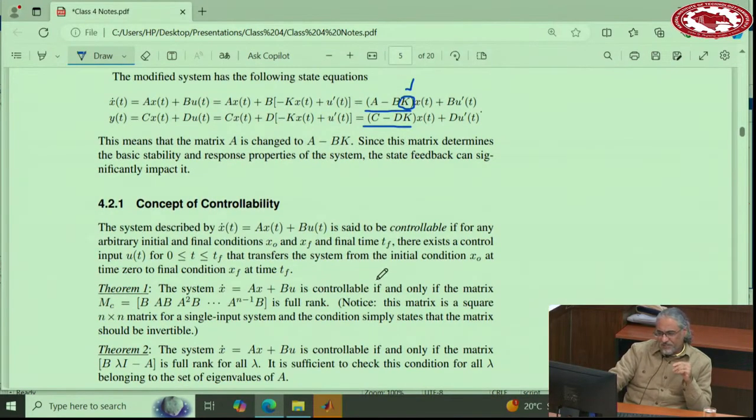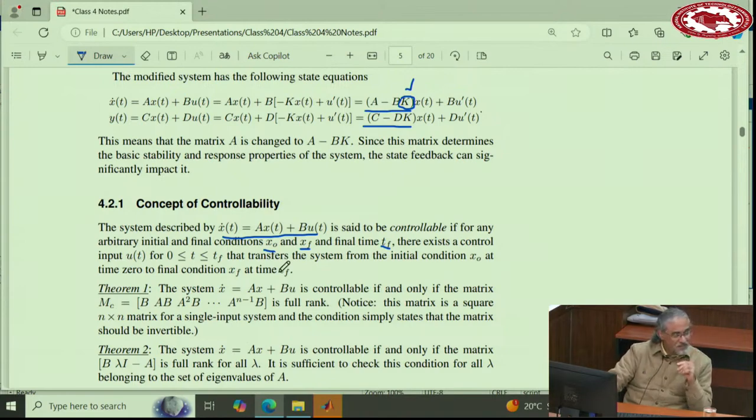First of all, the definition of controllability: we say this system is controllable if for any arbitrary initial and final conditions x0 and xf, and final time tf, there exists a control input u of t, for all t between 0 and tf, that transfers the system state from x0 to xf.